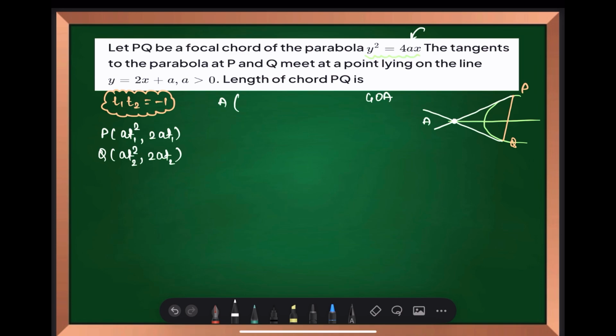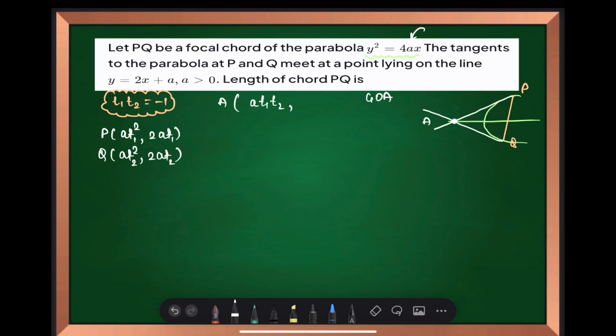Now you know where the tangents intersect. It intersects at the geometric mean of the x coordinates. So we will multiply both of them: a squared t1 squared t2 squared. We take the root, so we have a t1 t2.